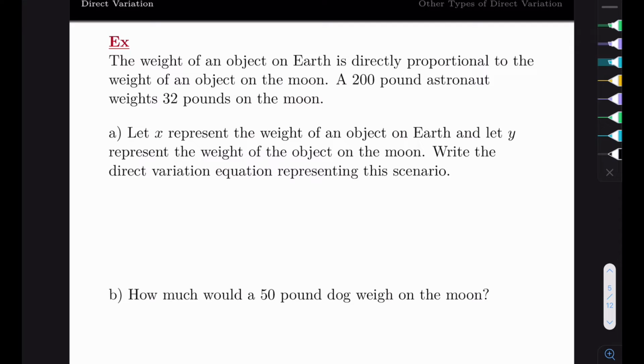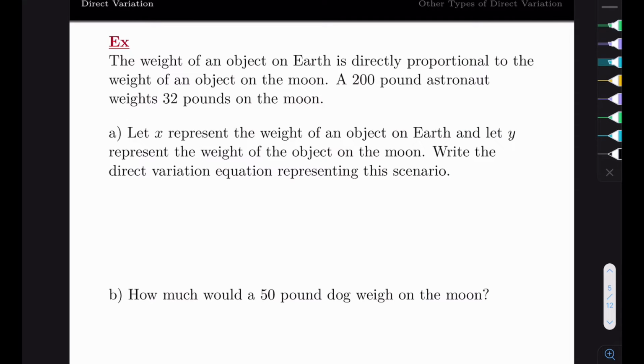So basically, I'm taking my weight and I'm going to multiply it by some fraction to be able to figure out what my weight on the moon is. And that fraction is going to be the same for any object. So what we want to do first is we're going to let X represent the weight of the object on Earth. Y is going to be the weight of the object on the moon.